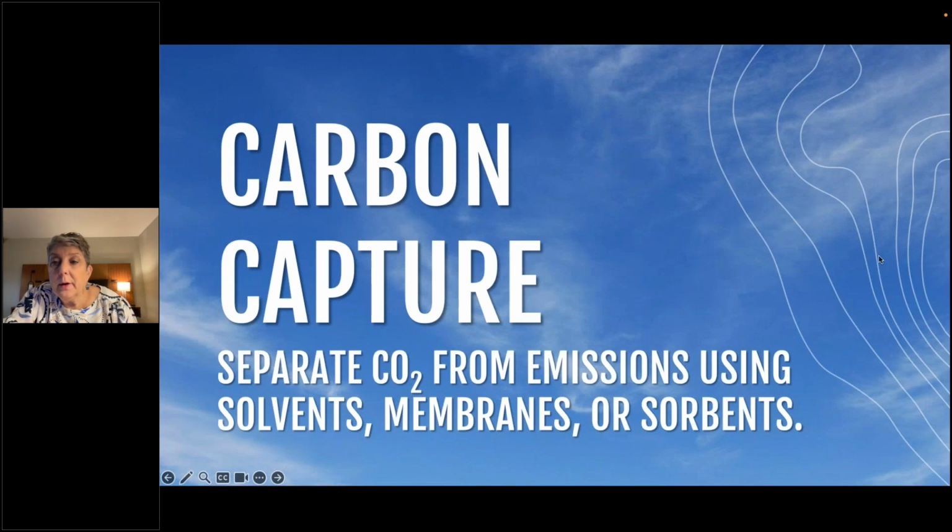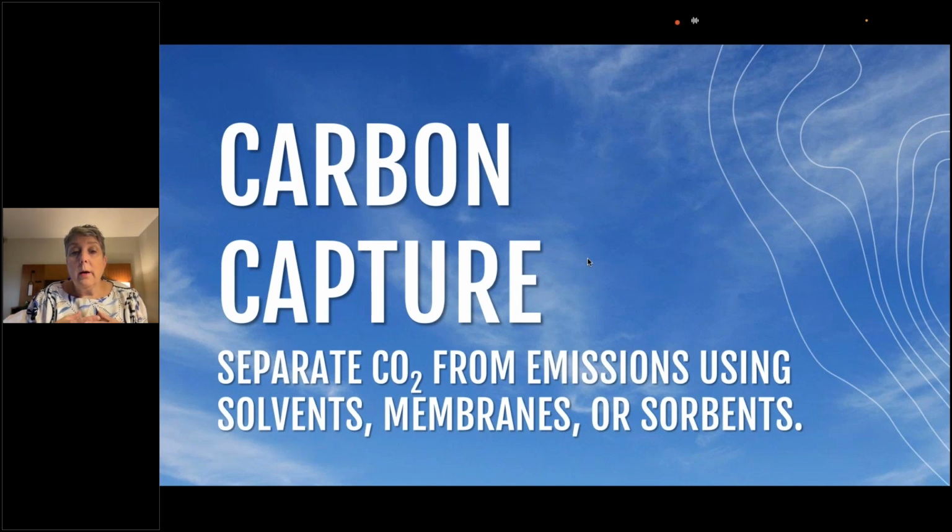Let me just explain briefly the other parts of the value chain. Carbon capture is the separation of carbon dioxide from the entire emission stream. It's done one of two ways, either physically or chemically. If you physically separate carbon dioxide, you're using a membrane.